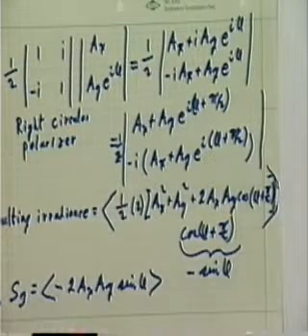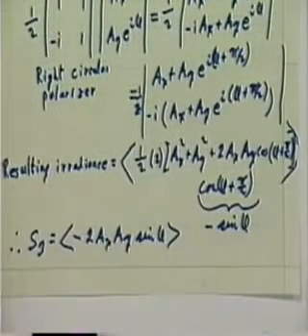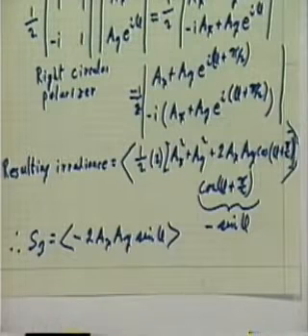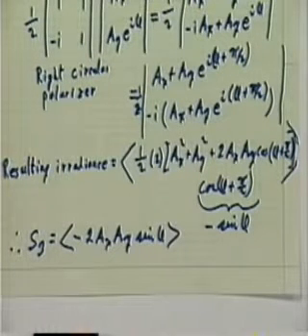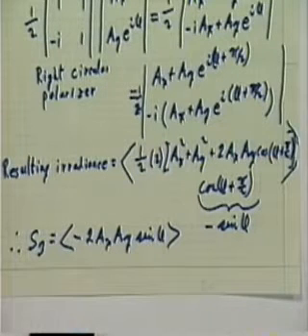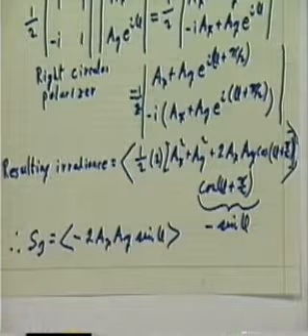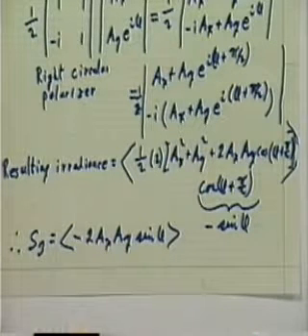So after a little bit of work, this is what we get for S3. We have written down S naught, which is just the total intensity, total amount of light. We had S1, S2, and finally we got S3 here.